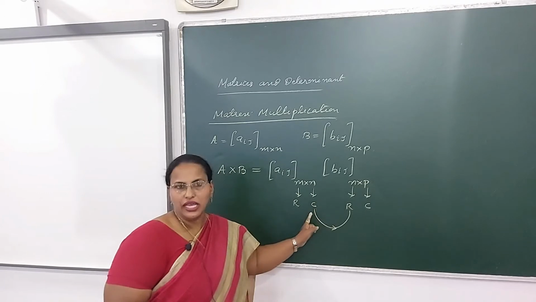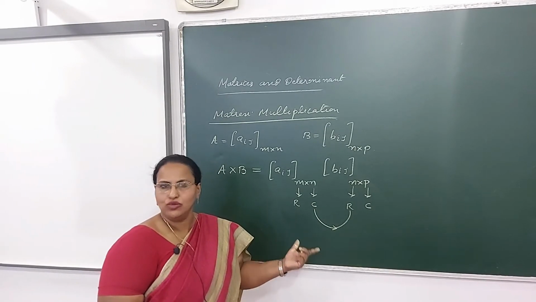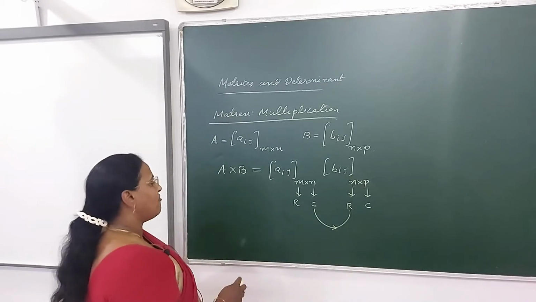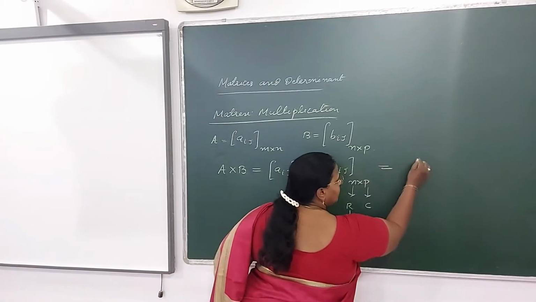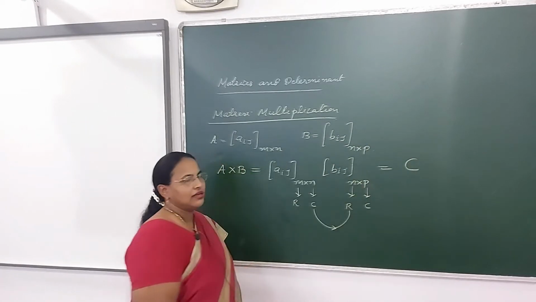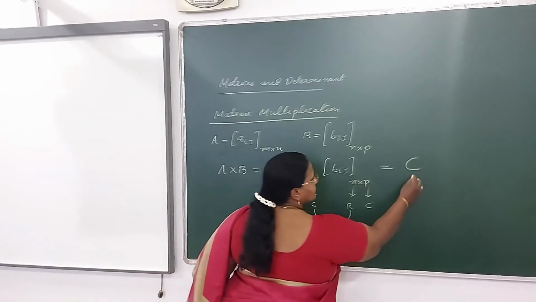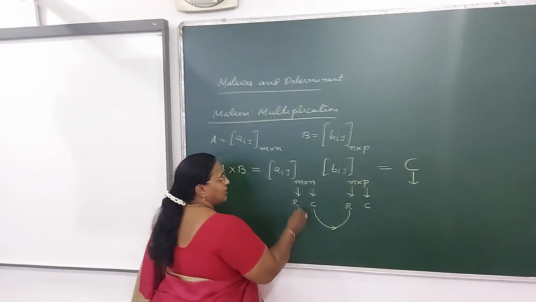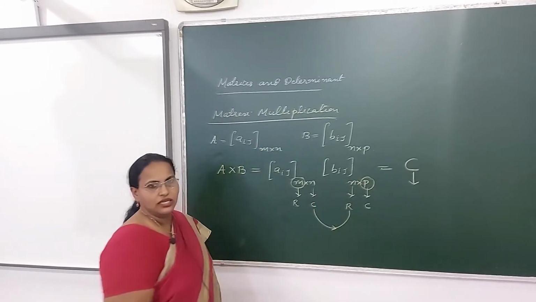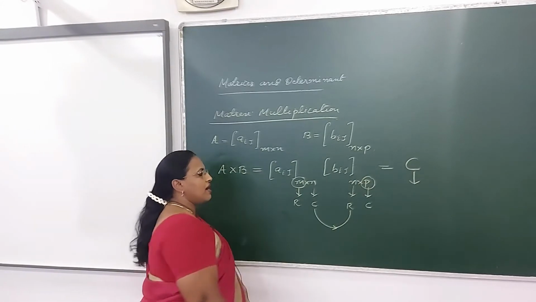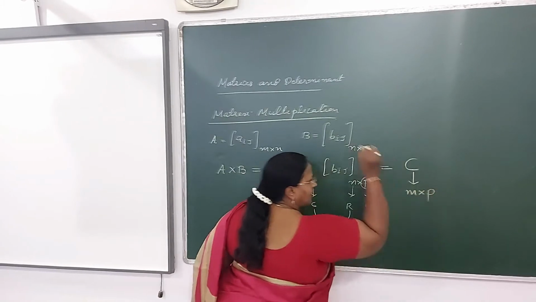As both are equal, that means here you can multiply the two matrices. Now after multiplication, you will be obtaining a resultant matrix C here. Now what about this C matrix? The order of this C matrix will be the leftover value. What does this mean? The order of the C matrix will be m by p.